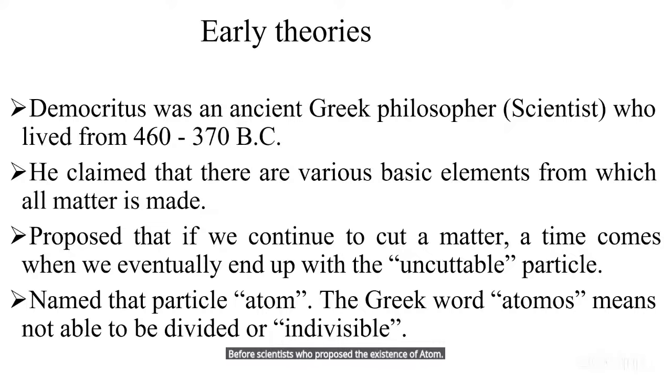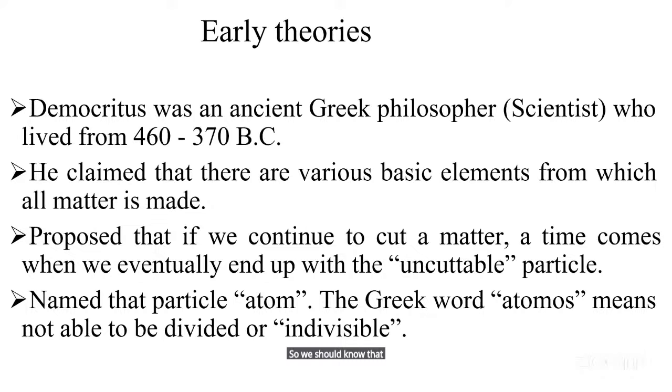Now, listen to me. Democritus is a Greek philosopher. What this means is that this proposal from this great scientist is only based on logical evidence. There is no experimental backup to all that we are going to hear that he said or did. He did not go to the lab. He did not carry out any experiment. He just assumed. Being a philosopher, he just thought it through. So we should know that.